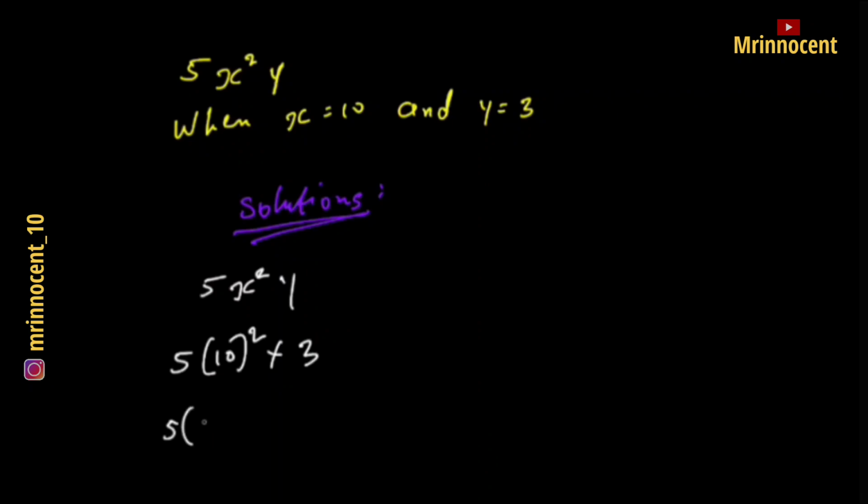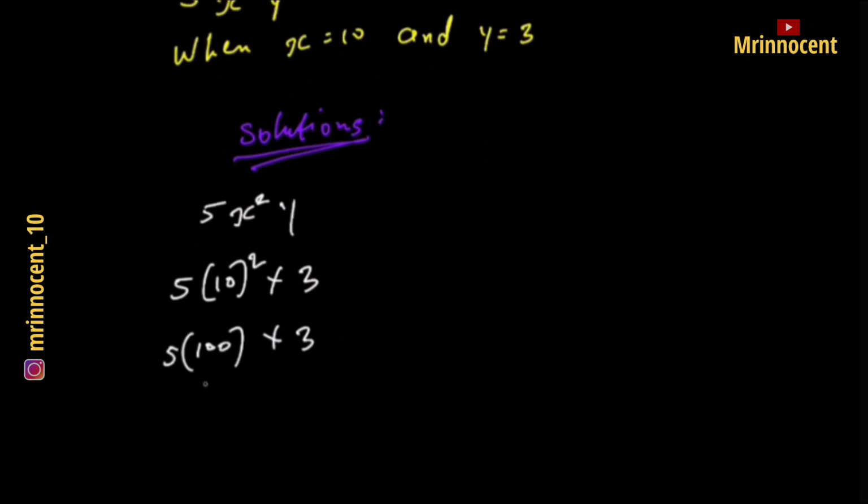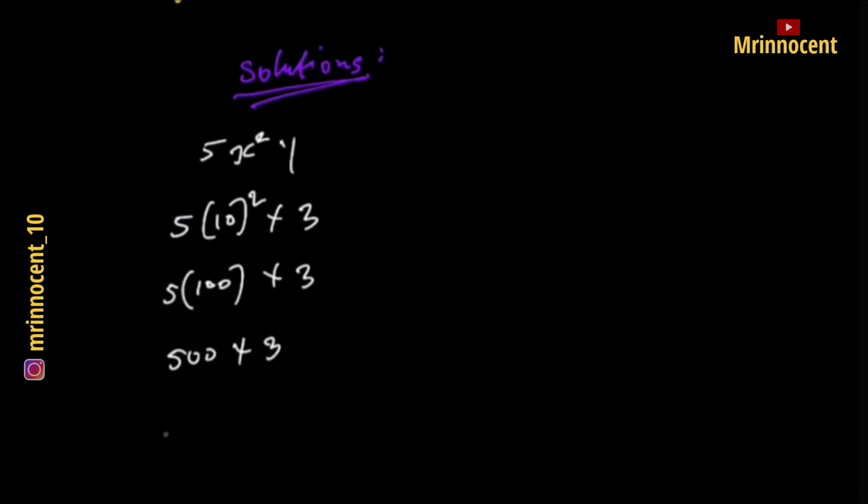So 5 times 10² is 100, times 3. 5 times 100 is 500, times 3. 500 times 3 equals 1500.